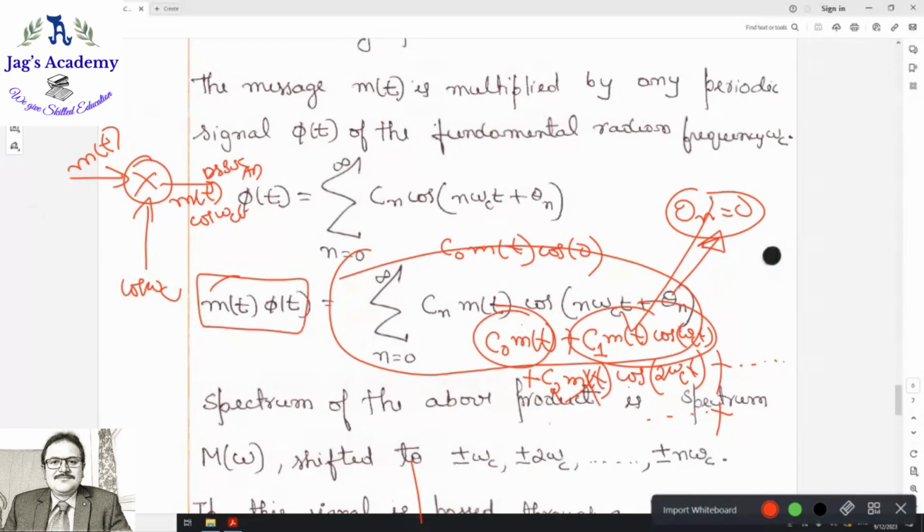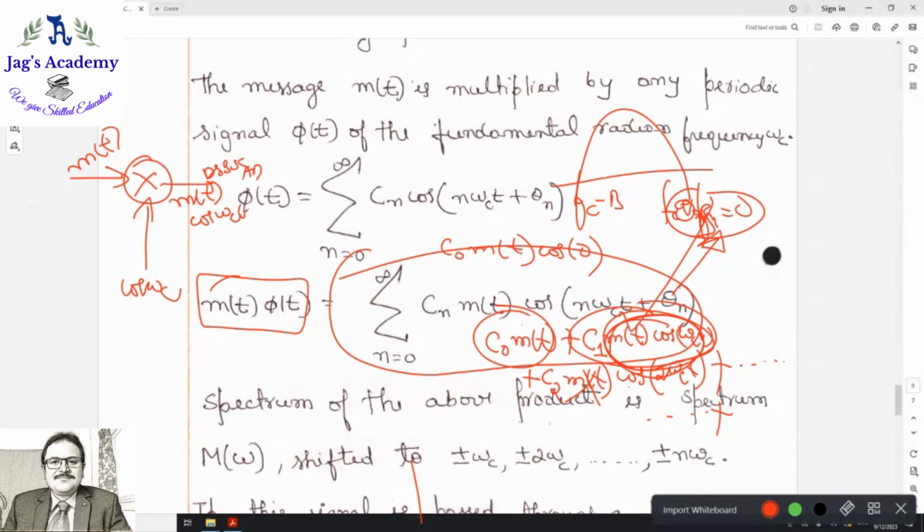If you pass this through a band pass filter with a cutoff frequency, what is the cutoff frequency? Suppose your baseband frequency is B. What is the passband you require? You just require from Fc minus B to Fc plus B. Only this is required for you. So you try to have a band pass filter with lower cutoff Fc minus B and upper cutoff Fc plus B. That's what your sideband is.